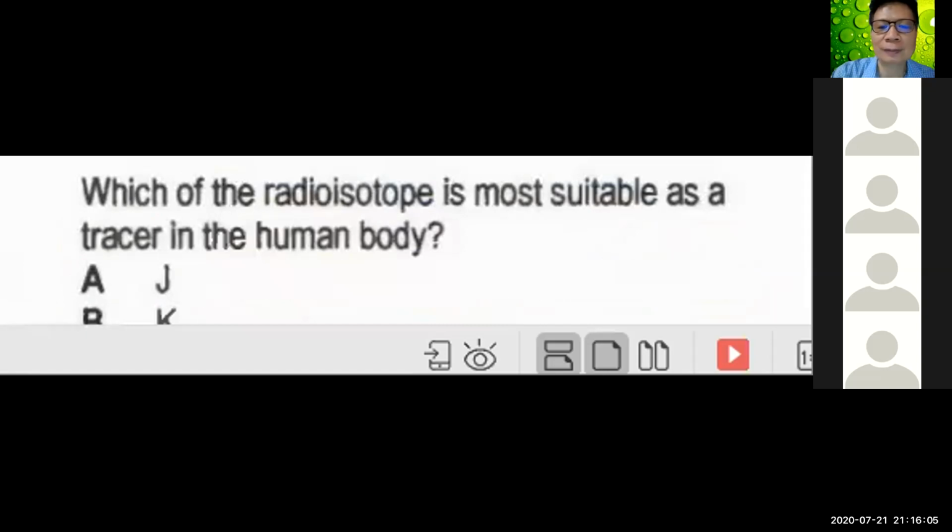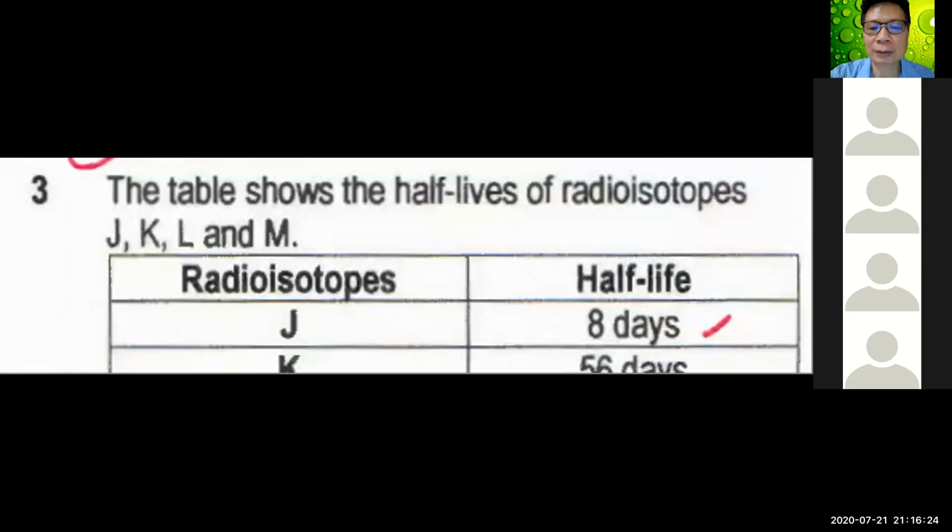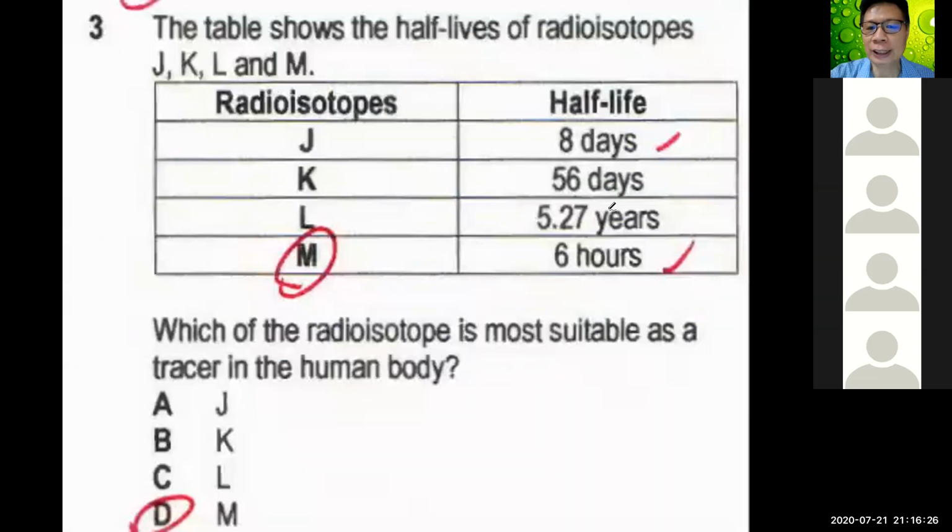Which one? M. Choose the shortest one. The shortest one is M, 6 hours. 6 hours stay in the body not too long. Understand? In a human body must choose a very short one, a few hours. Cannot 8 days.